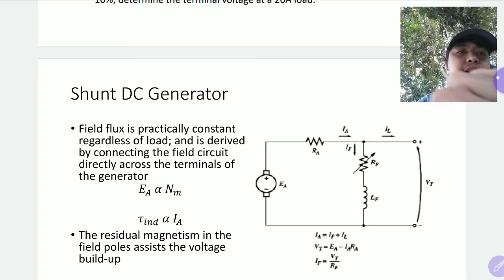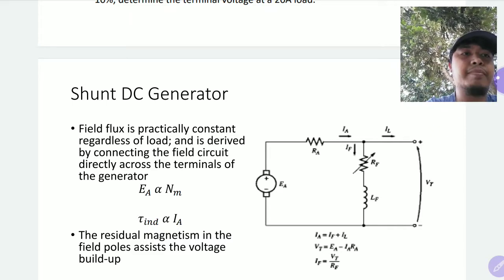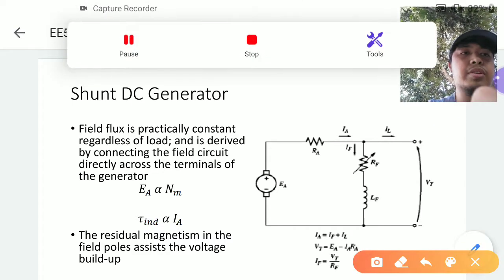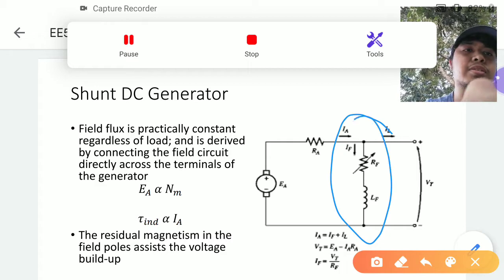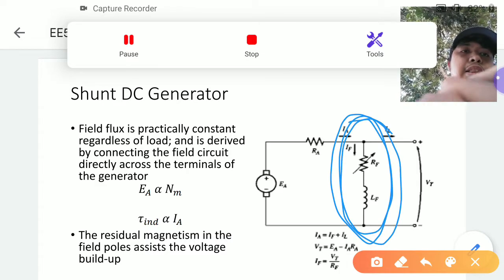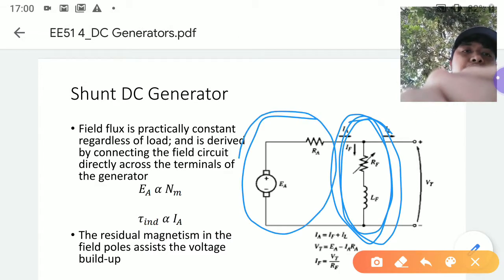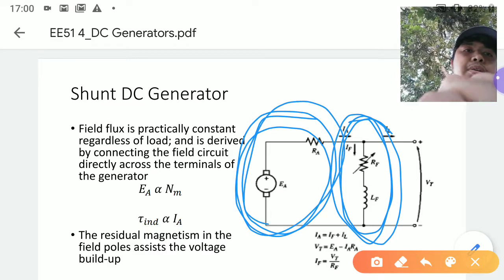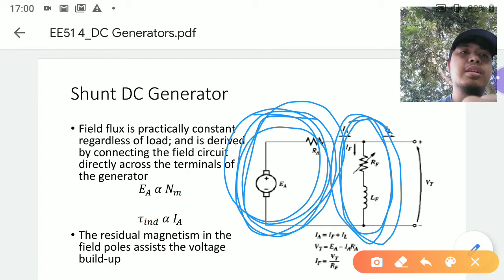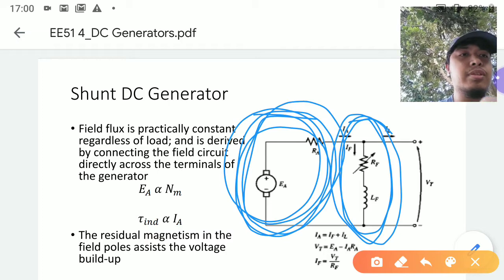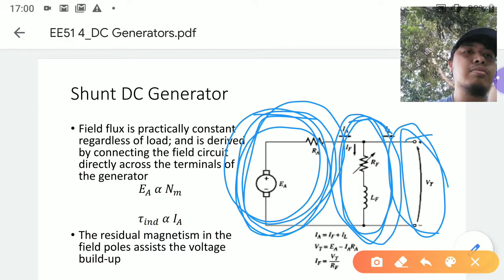For a shunt DC generator, the field coil is shunted on the armature. It's connected in parallel to the armature. Thus, your terminal voltage will also be the voltage of the field.